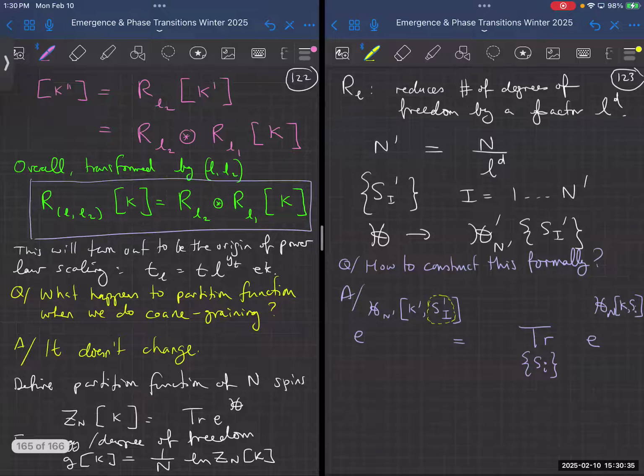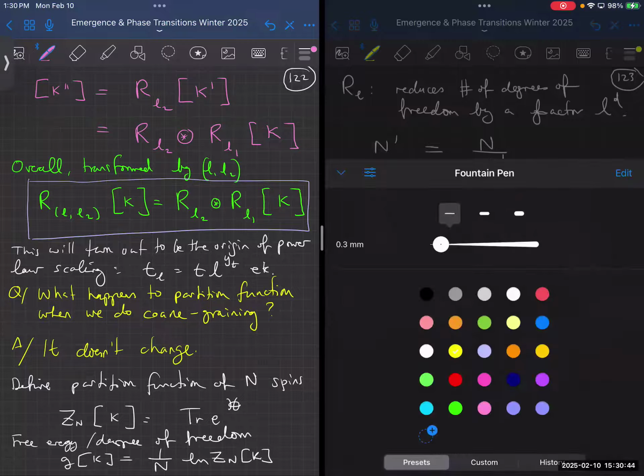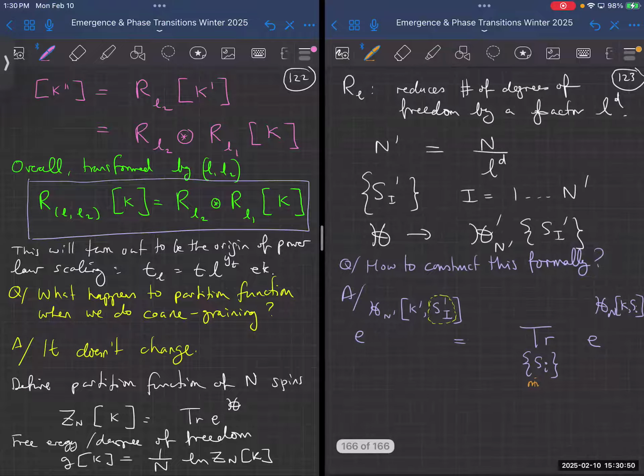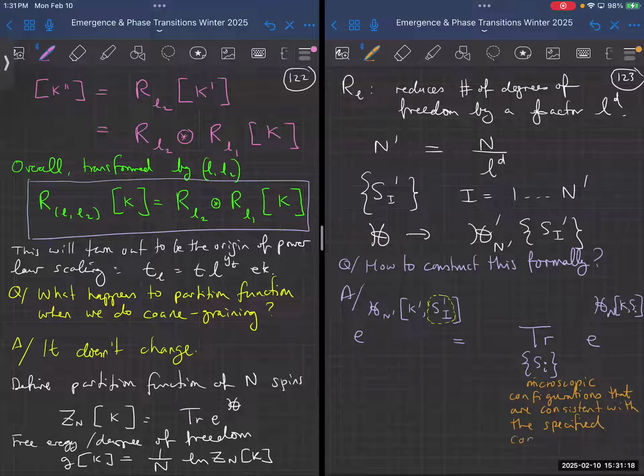And so what we can say is that we're going to sum over the S_I's, but we're only going to sum over microscopic configurations that are consistent with the specified coarse-grained configuration.